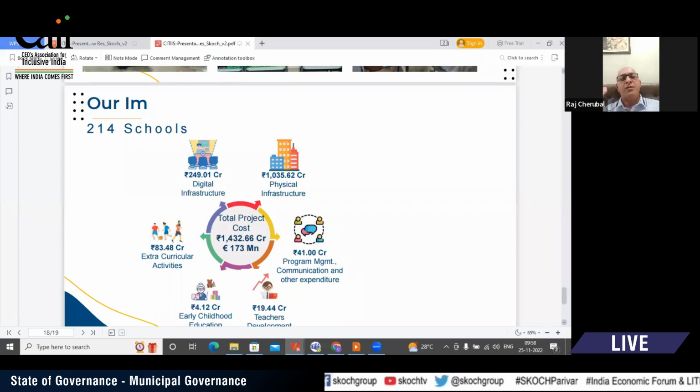So the idea is to multiply the CSR funds and marketing funds, etc. We've been getting quite a bit of CSR funds, but obviously the government is very, very keen to scale up these projects.